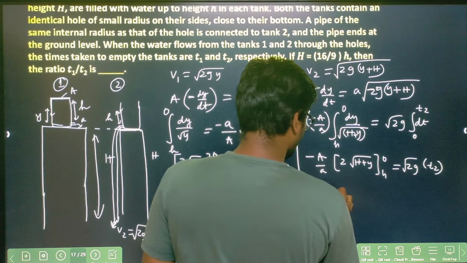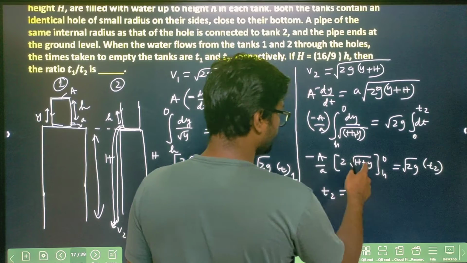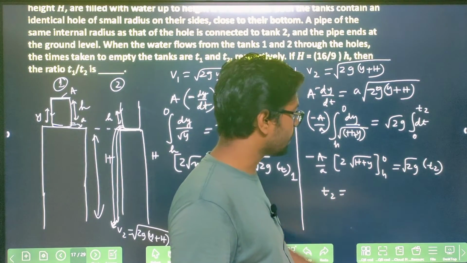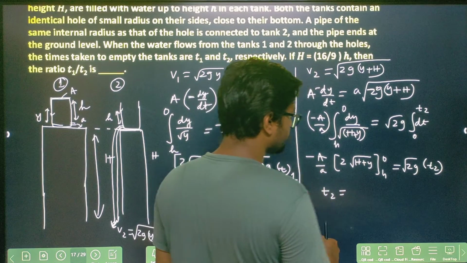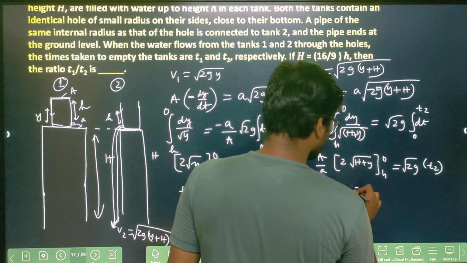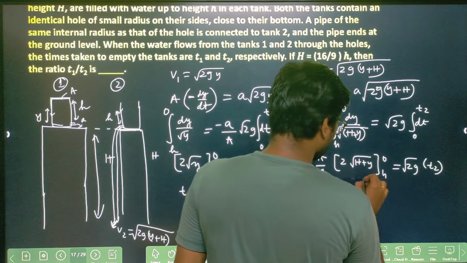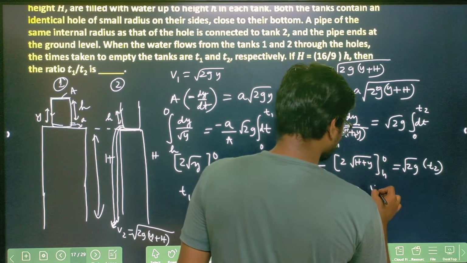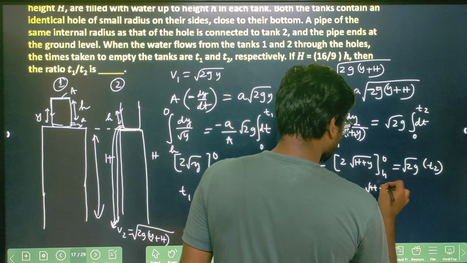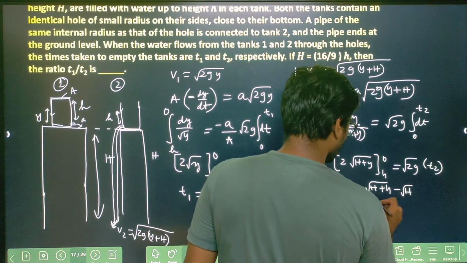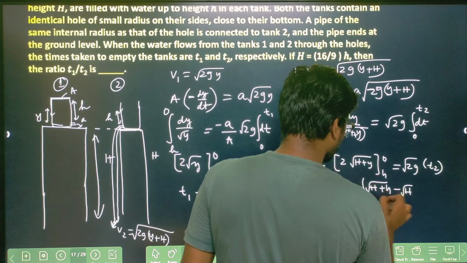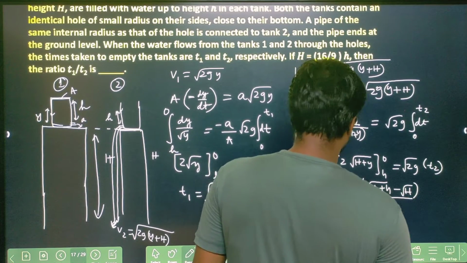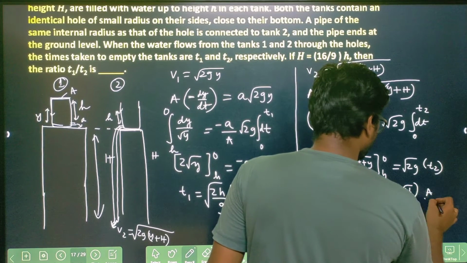So T2, if you find out, I am writing directly, because one time you put 0, this will be h minus h plus h, and there is one minus sign sitting here. So this will obviously be 2 into, initially minus, if I take, this will be h plus h root over minus h root over, divided by g root over a by a.